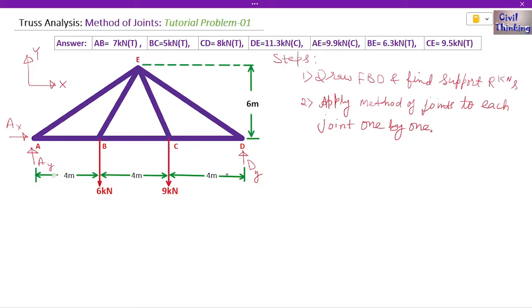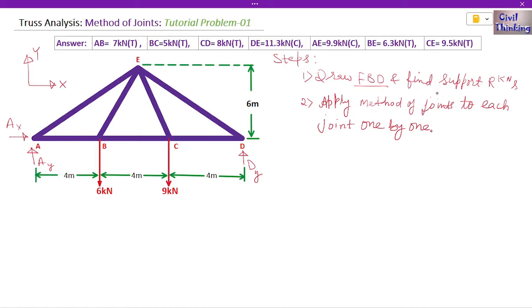Now this is the free body diagram, the FBD of this whole truss, which we get when we replace these supports with their respective support reactions.